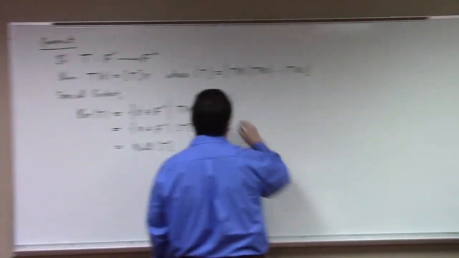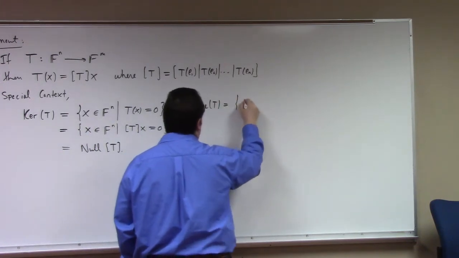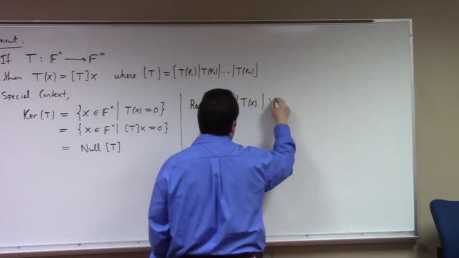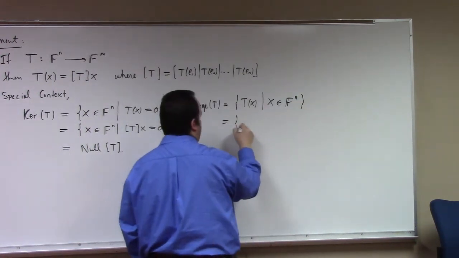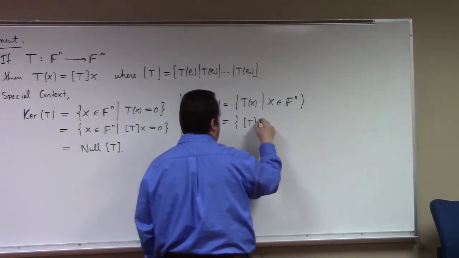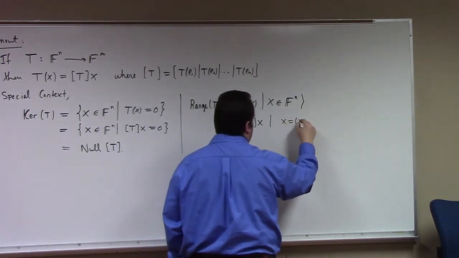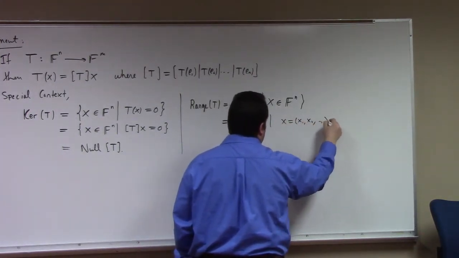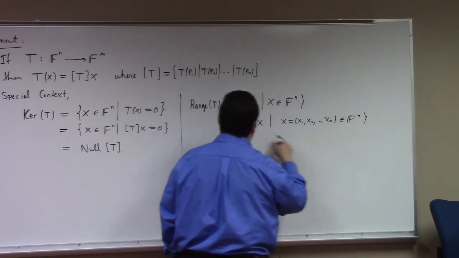How about the range of T? What's the range of T? This is T of x, such that x is a column, x is in Fn, right? But what's that? That's the standard matrix of T times x, where x is x1, x2, up to xn.